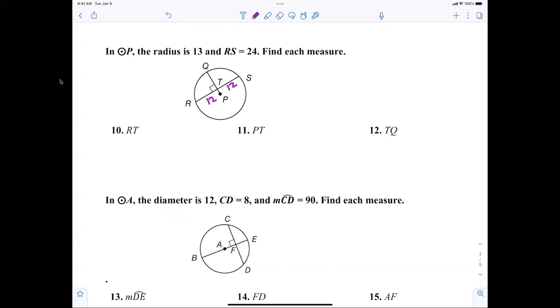Someone to help me with PT. 5. Very nice. Very smart. Why is TP 5? Somebody else besides Olivia. How does she know it was 5?